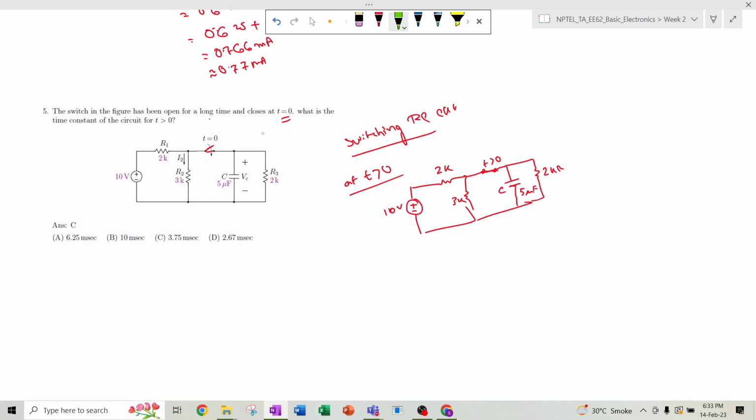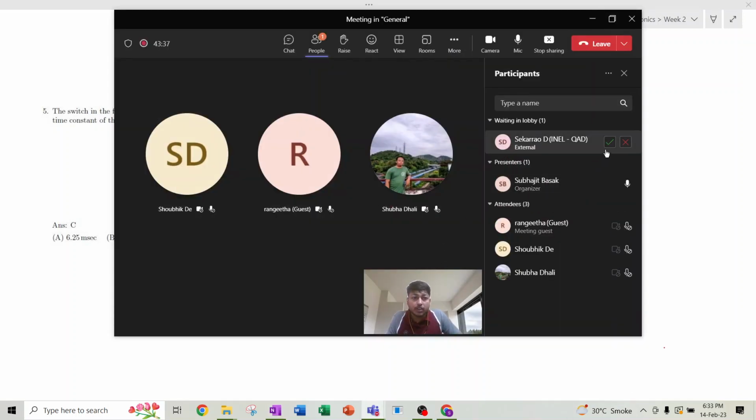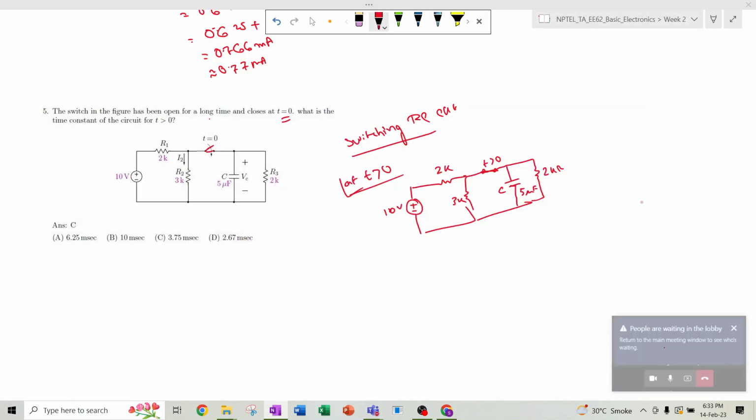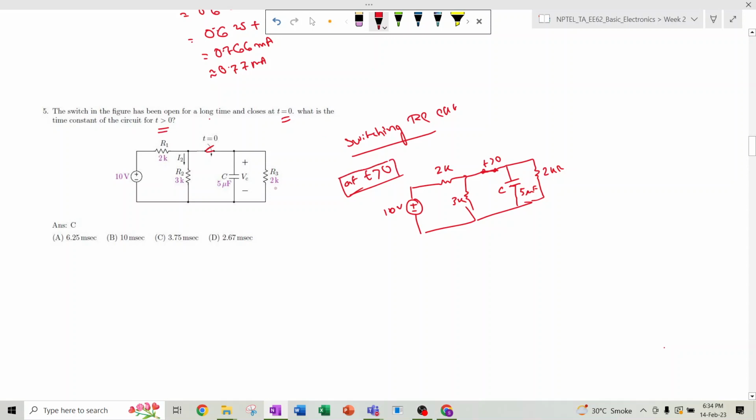So now we have to find the time constant. As I have already told, at first we need to find out the circuit at a particular point of time. In the question it is asked what the circuit should be at t greater than 0, so at first we need to draw that circuit.